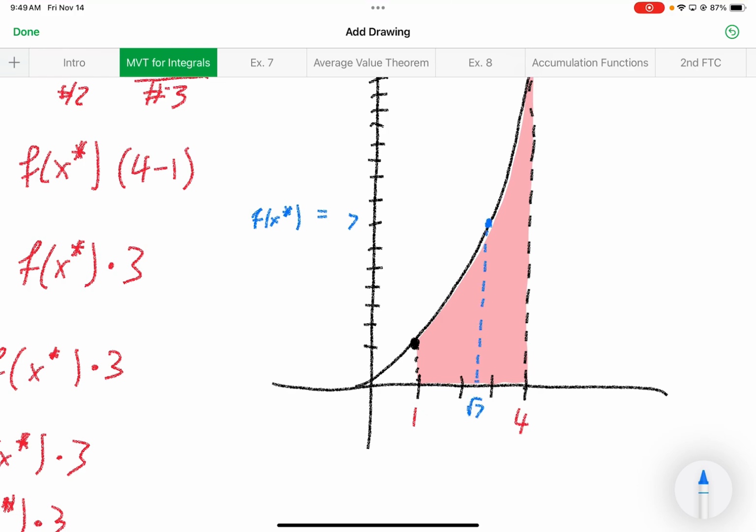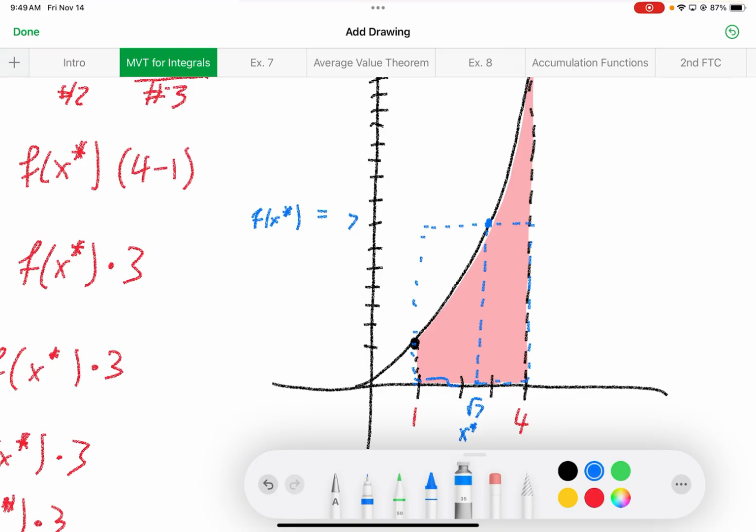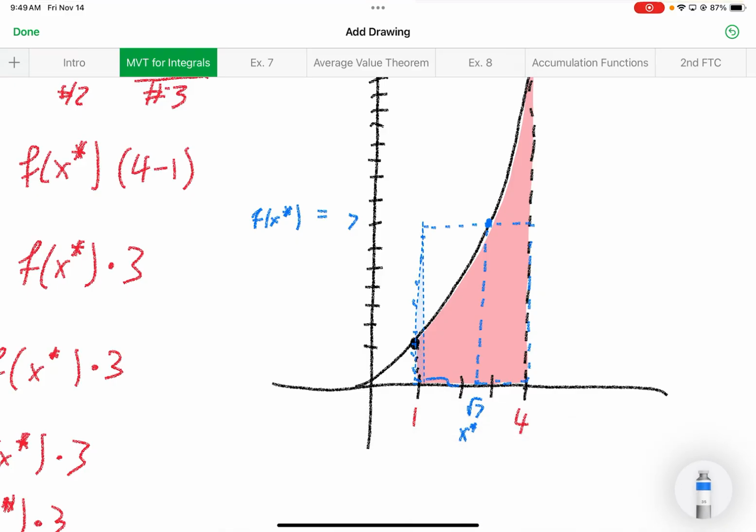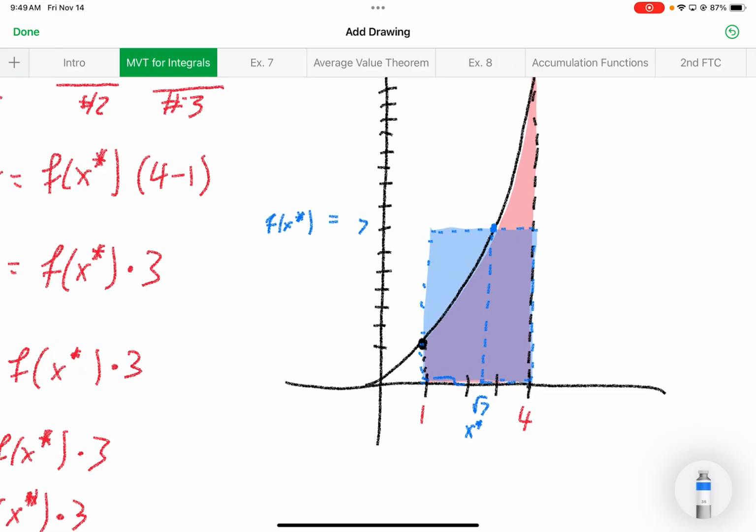Let's say that is square root of 7, which is our x star value. So if I take the area of the rectangle that has a base of 3 and this height, this theorem is saying the rectangle in the blue dotted area would be the same area as the red area that is under the curve.